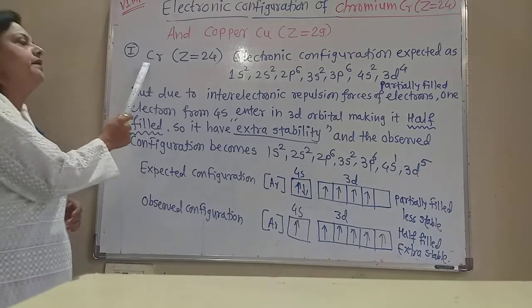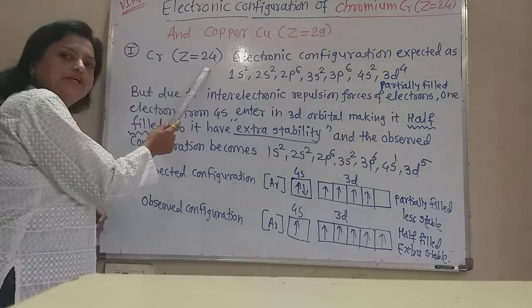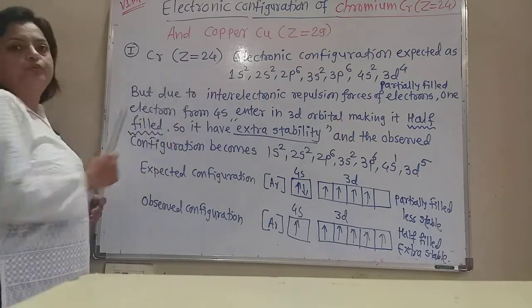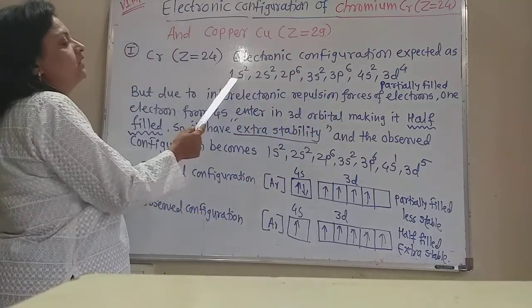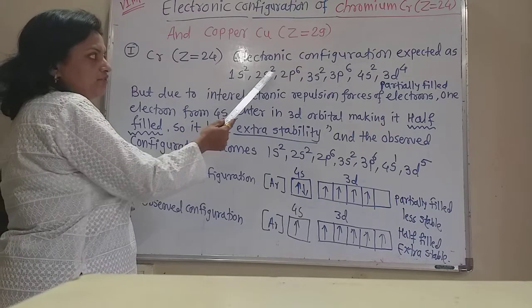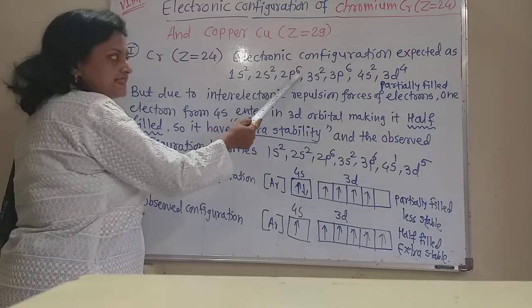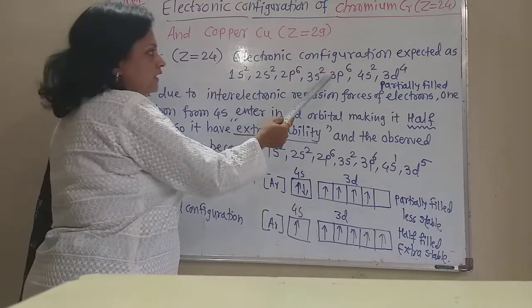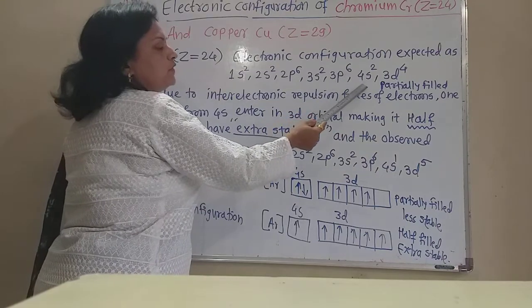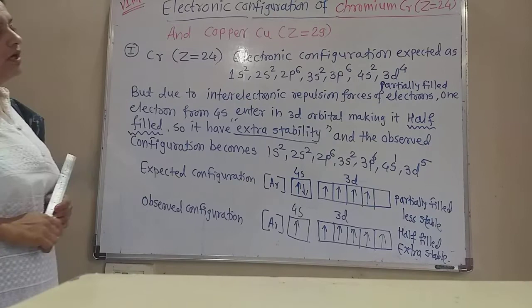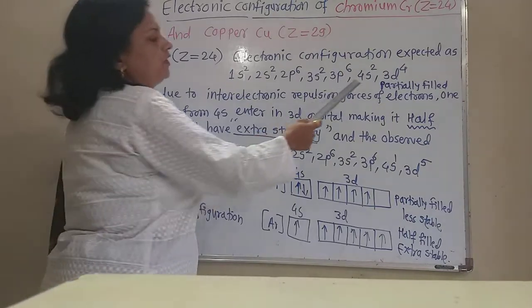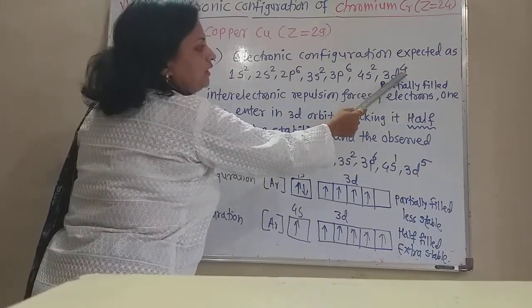Now see the chromium, atomic number 24. The expected electronic configuration is 1s2, 2s2, 2p6, 3s2, 3p6, 4s2, 3d4. In this 3d there are only 4 electrons.